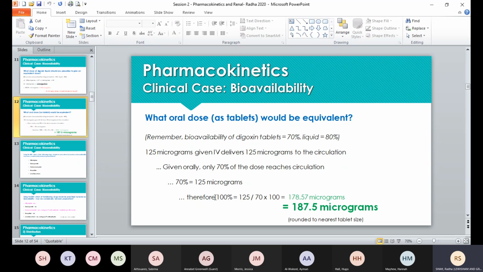So I guess the BNF has to take into account all of the different tablets or liquid and the different brands. So it just gives you a rough estimation. Right. But yeah, for this example, it's going from IV to the tablets, and IV is always 100% bioavailability. So that's how you'd work that out.